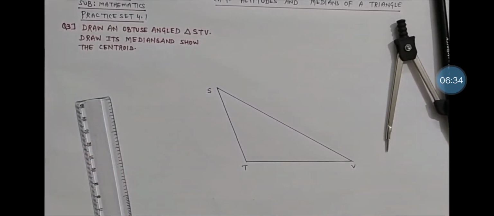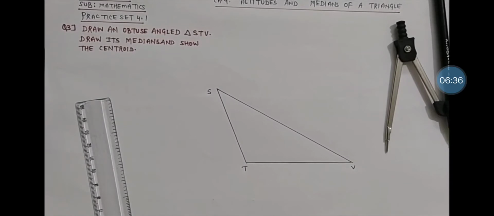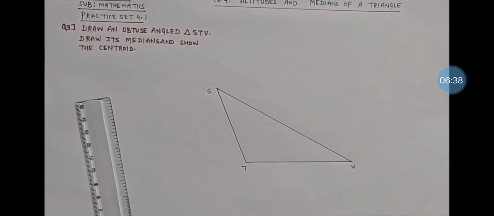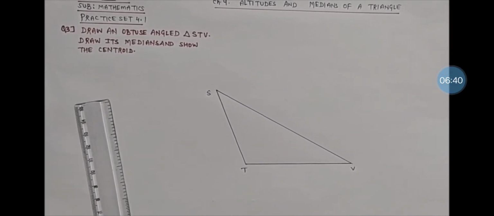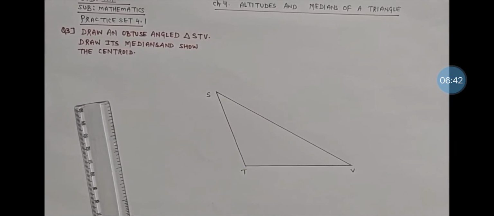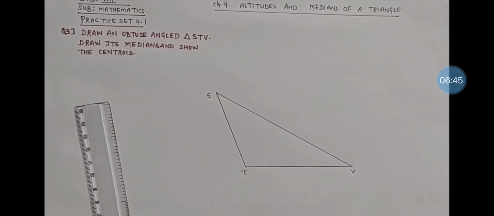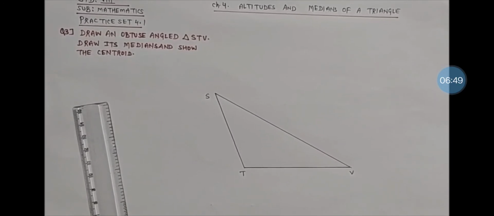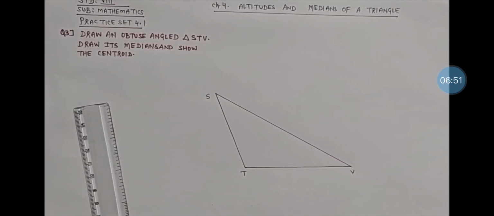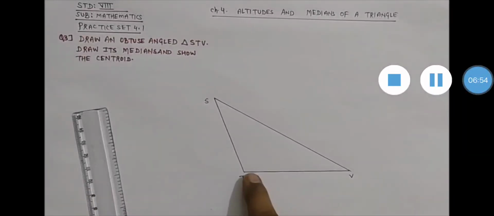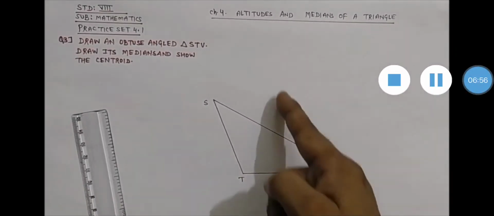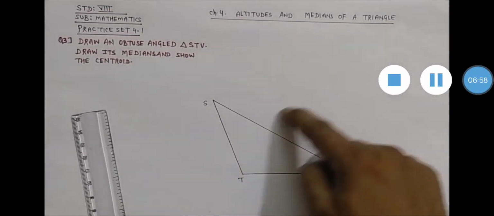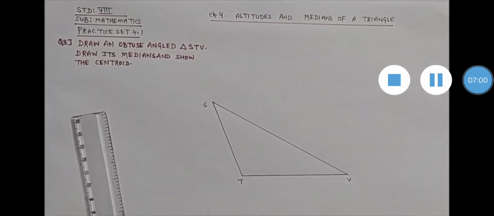Now you have to draw its medians from each vertex. Medians means we have to get the midpoints of all the sides.